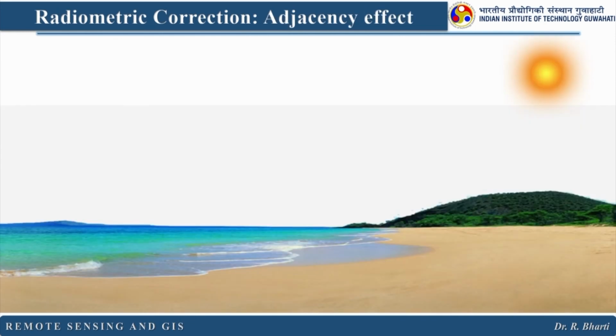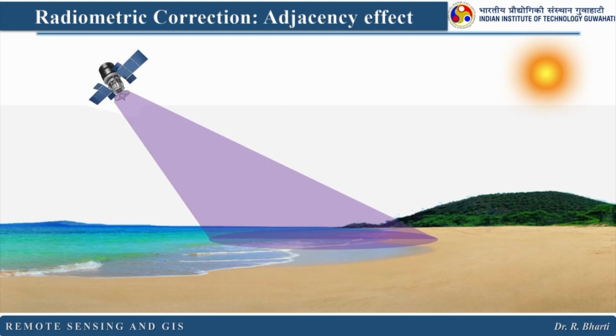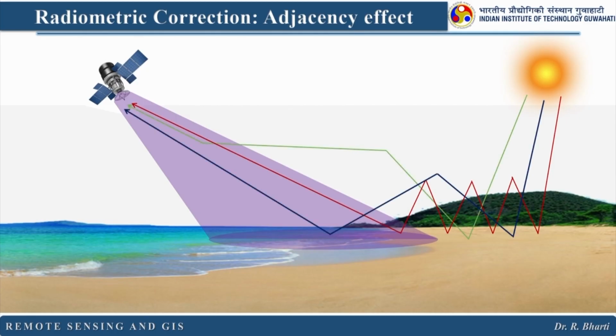Now, next problem is adjacency correction. So, adjacency effect is basically, this is very critical. Now, you have to understand this particular case. In this particular case what is happening, sun is illuminating our surface and a sensor is active in this particular area, right, and it is measuring the energies which are coming from different sources, right.